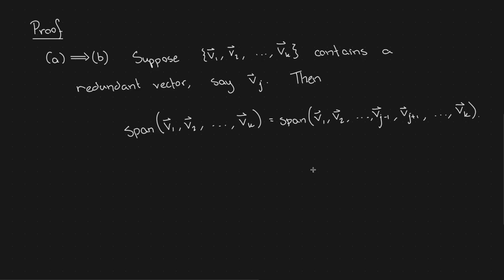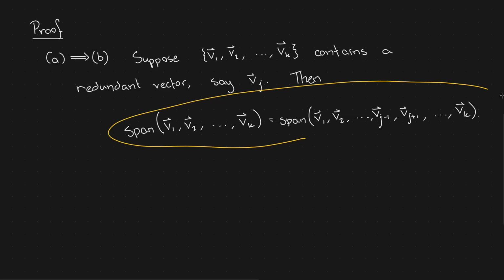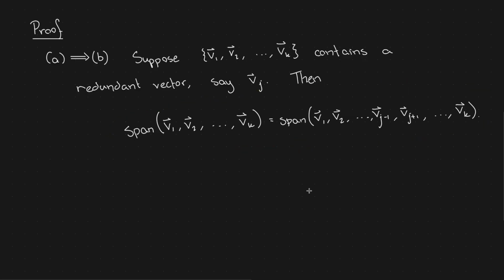So I get the same space. The sets are equal. But here, the vj was in there somewhere, hiding in the dot, dot, dots. But here we very clearly said, nope, it's gone now. We have the vector before it, we have the vector after it, but now it's not there. vj isn't there. The redundant vector has been removed.